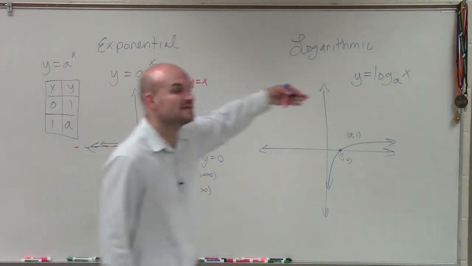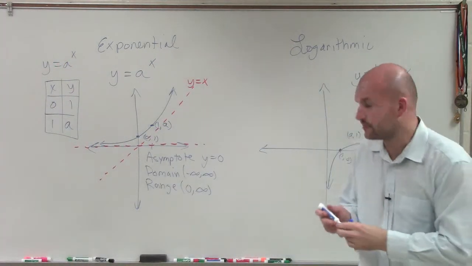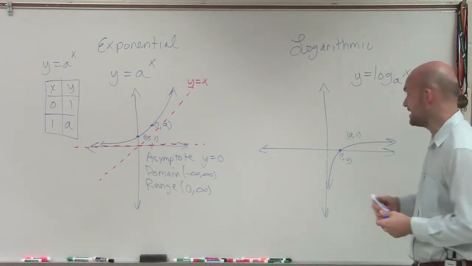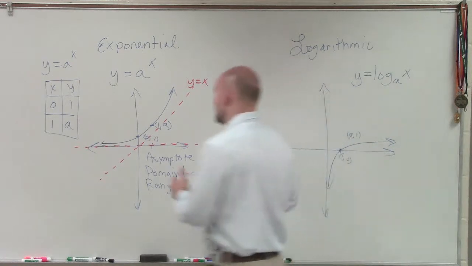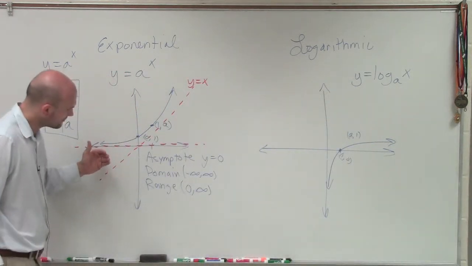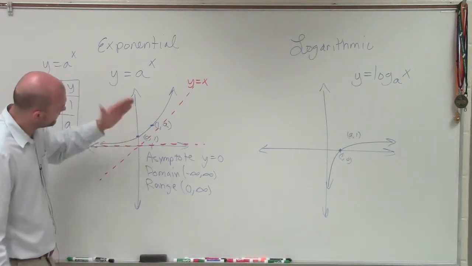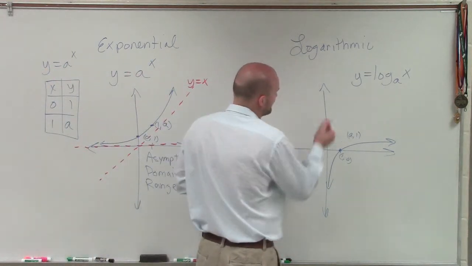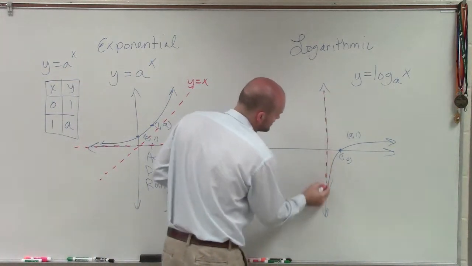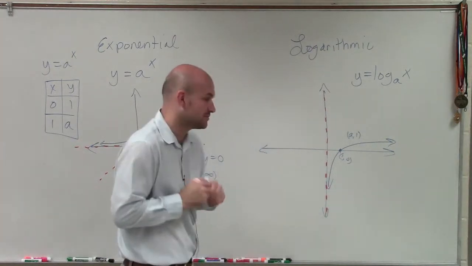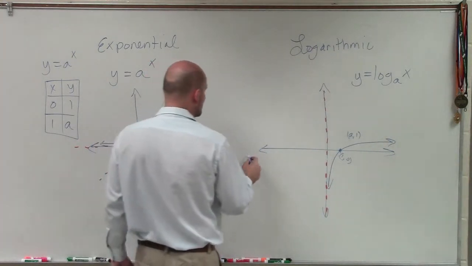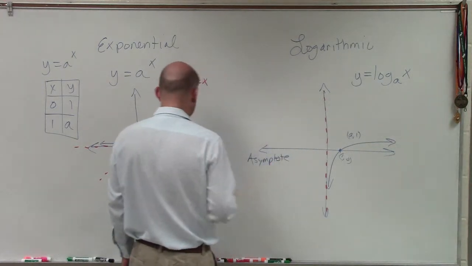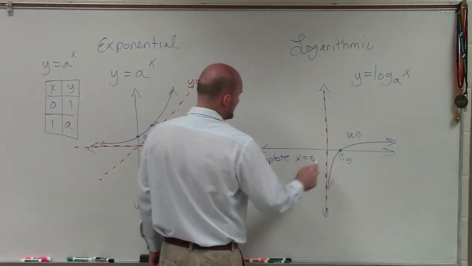Now, in talking about the asymptote, the range, and the domain for a logarithmic graph, you can see that this graph is not exactly the same. If I have this asymptote being reflected over this line, what that changes is that I'm now going to have a vertical asymptote, and that's what my graph is going to approach. So I can say this graph has an asymptote of x equals 0.